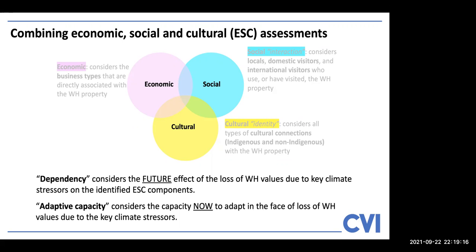With respect to adaptive capacity, the scoring, the assessments look to the current level of capacity, the capacity now to adapt in the face of the loss of those World Heritage values due to the key climate stresses. It's important to have that focus on the dependency looking to the future effects and the adaptive capacity only reliant upon what's available now. And it's an important notion there as we go through the process.